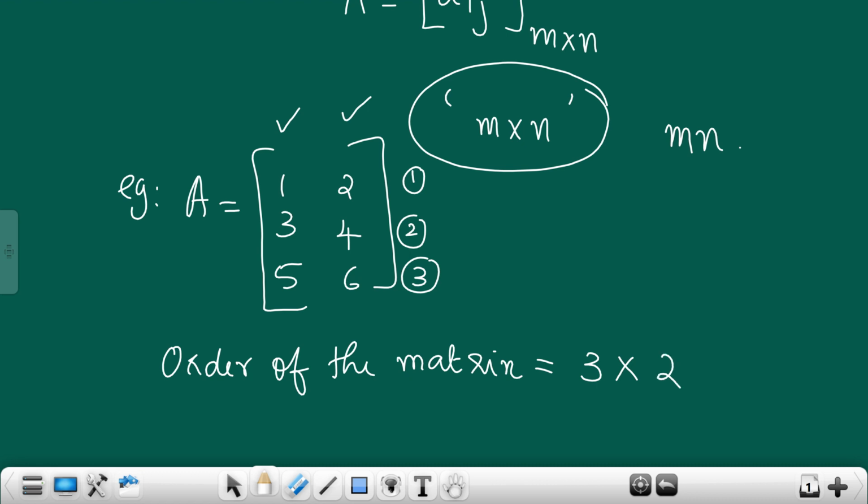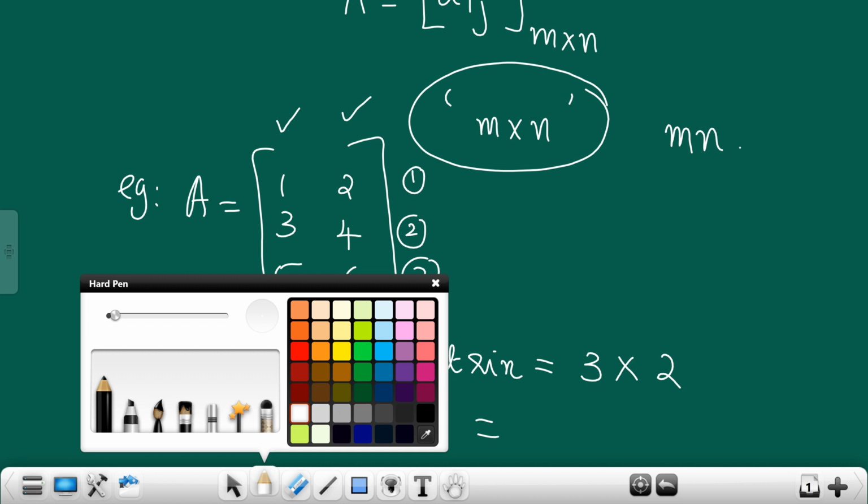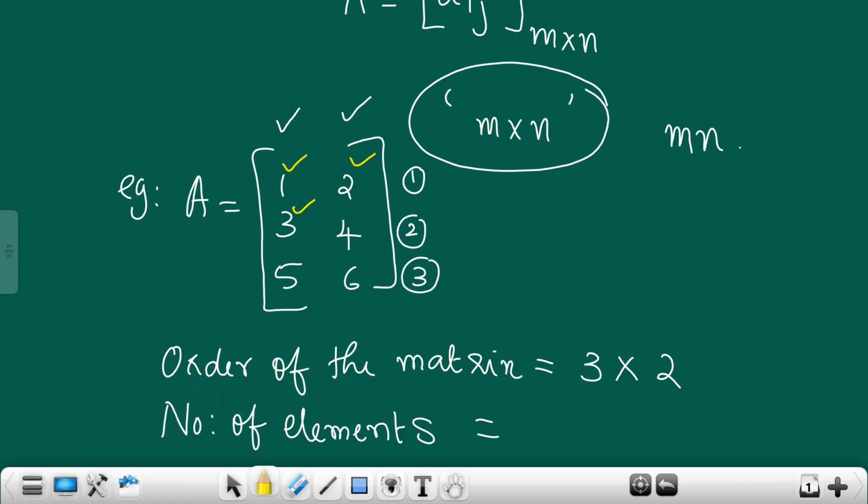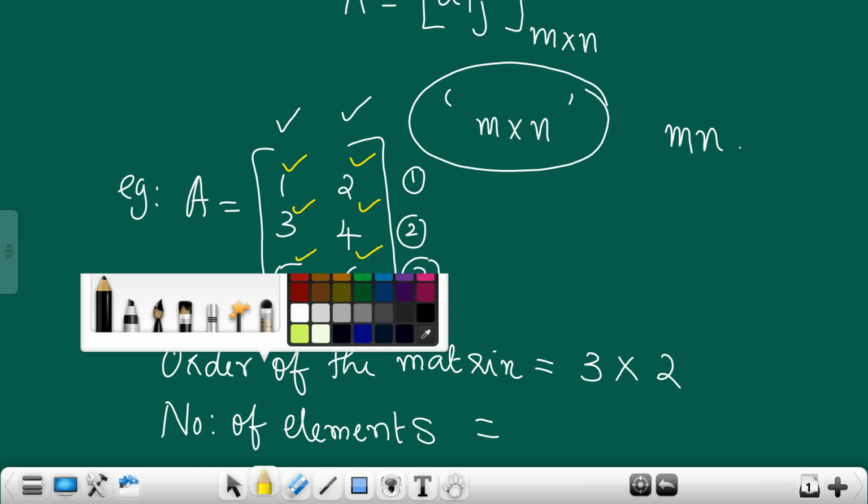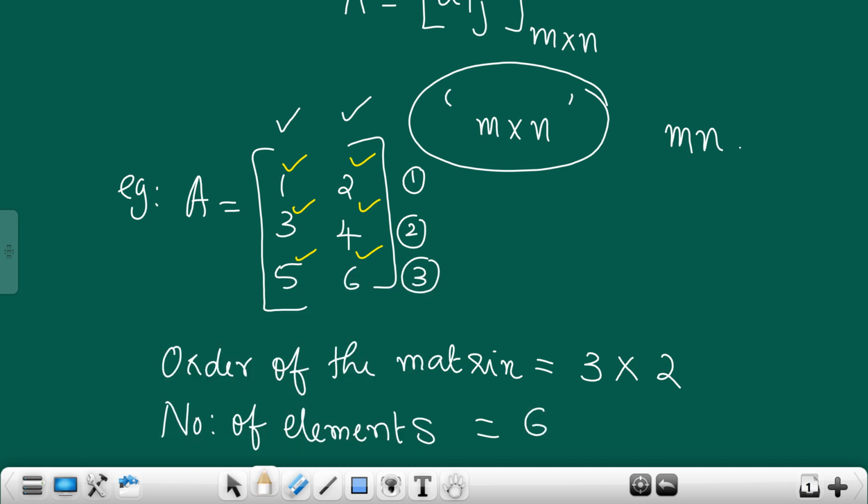Order of the matrix is 3 by 2 and number of elements equal to 1, 2, 3, 4, 5, 6. So, number of elements is 6. We can find that 3 into 2 is 6. So, we can say that a matrix of order m by n has mn elements.